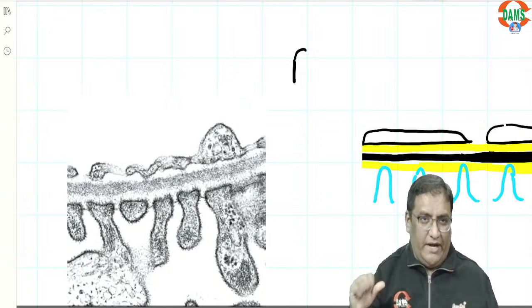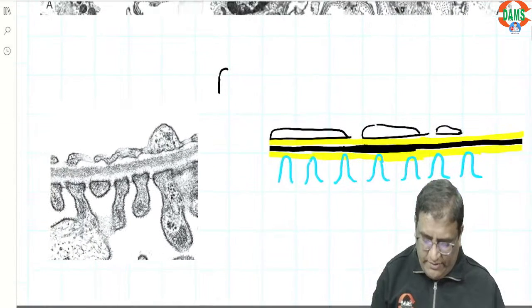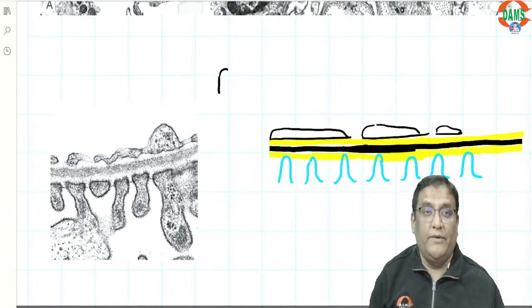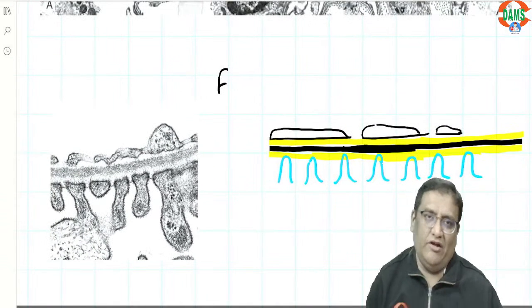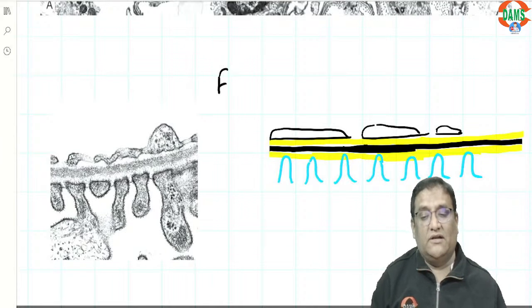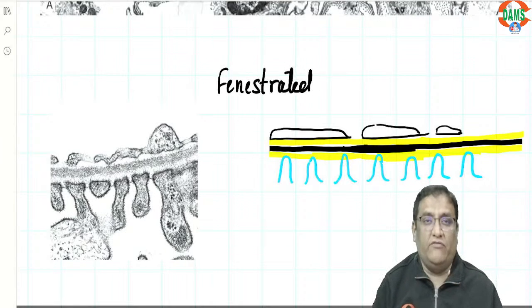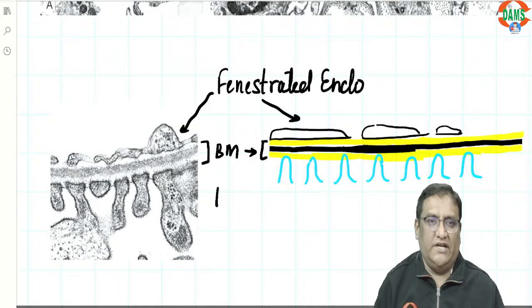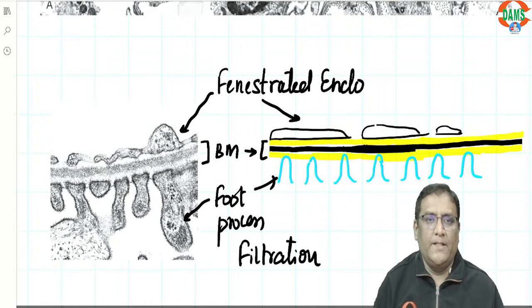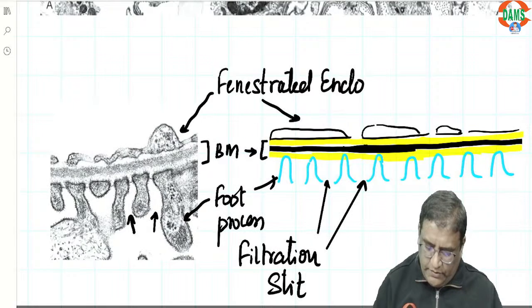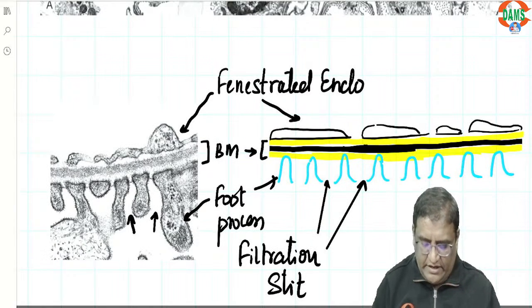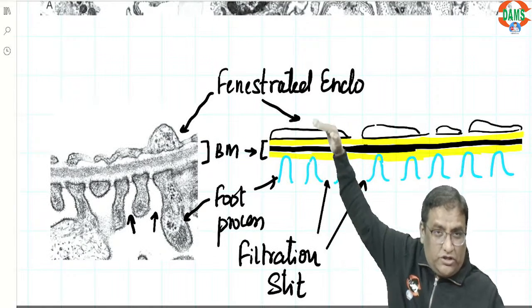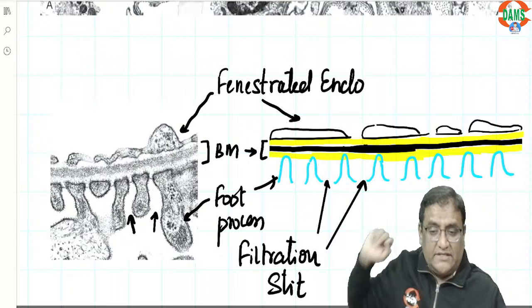So there are two lamina raras. Can you tell me what these two lamina raras are? One will be called lamina rara interna, another lamina rara externa. The one towards the endothelium is interna, and the outward one is the externa.